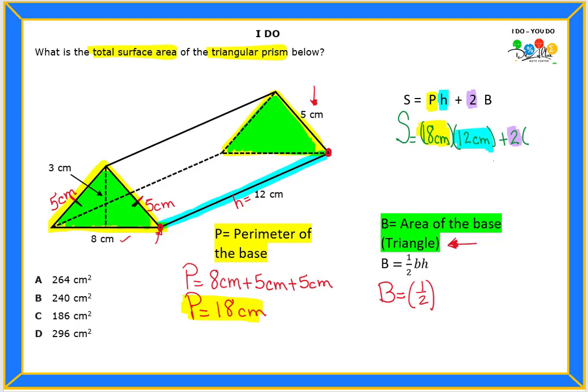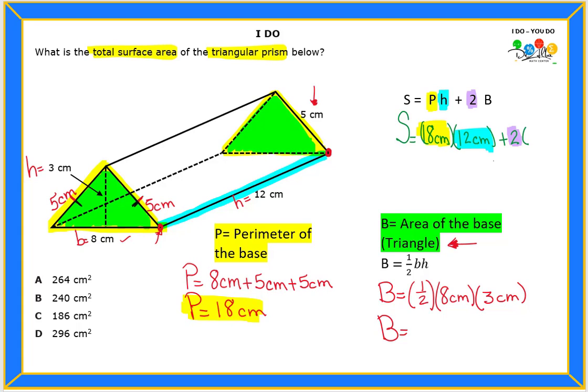How do I identify the base and the height from a triangle? Remember, the base and the height make a right angle. They're perpendicular to each other. So this is the base of my triangle, and this is the height, which is 3 centimeters, okay? That's the height of the triangle. So the base is 8 centimeters, and the height is 3 centimeters.